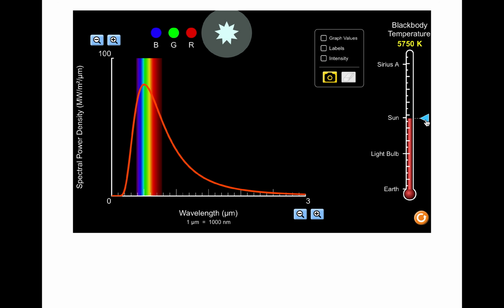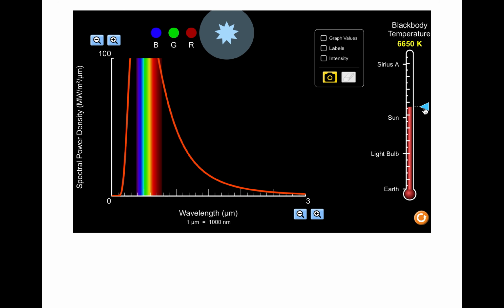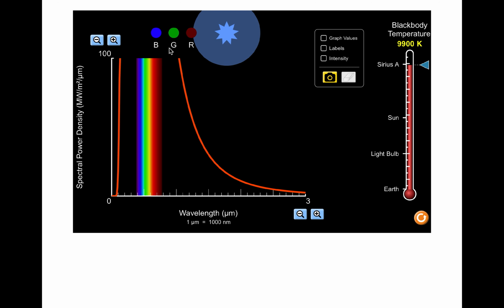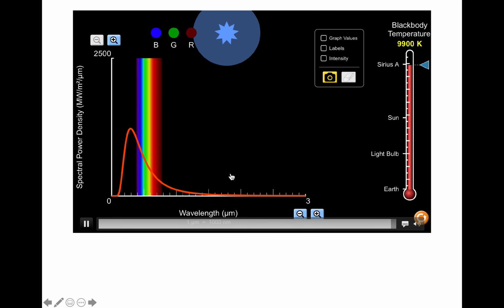And we can go to an even higher temperature, from the sun all the way to another star, Sirius A, which is close to 10,000 degrees Kelvin. What is being emitted at this temperature? Definitely heat in the form of infrared, all of the colors of the rainbow, all of the visible light, and then over here we get a lot of ultraviolet being emitted as well.